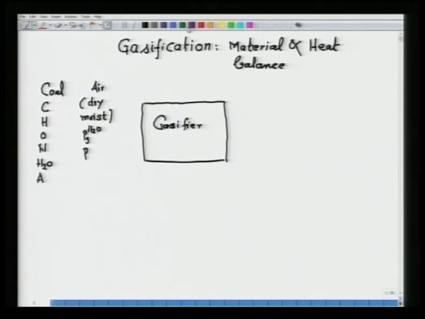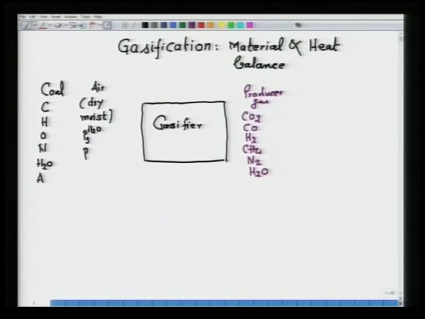Now, in the output, say you have producer gas, and I am taking a simple example where producer gas could have CO2, carbon monoxide, hydrogen, CH4, nitrogen, and H2O. These are the main constituents in producer gas.